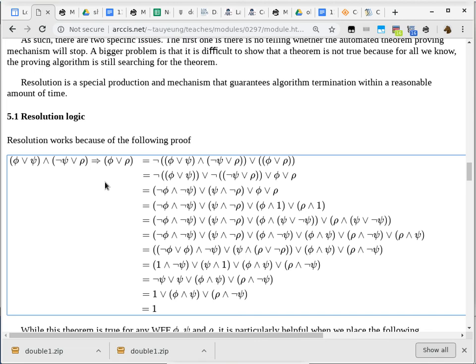Imagine the case where the left-hand side only has psi, and the right-hand side only has not psi. Then the resolution is resolving psi and not psi to false. So resolution as a mechanism is a way to keep reducing things until you get to false.